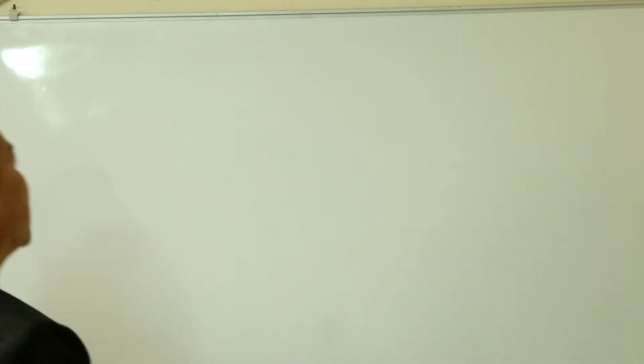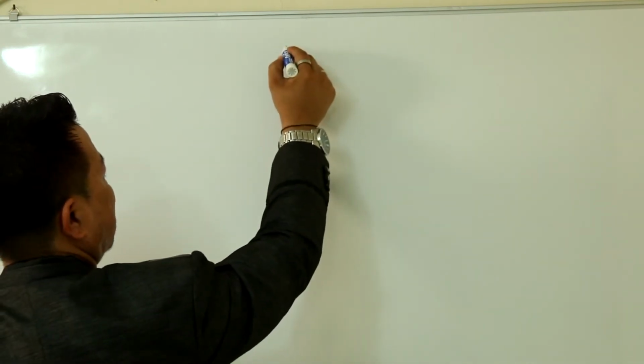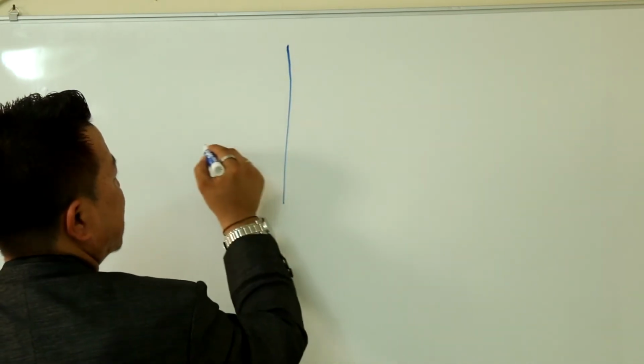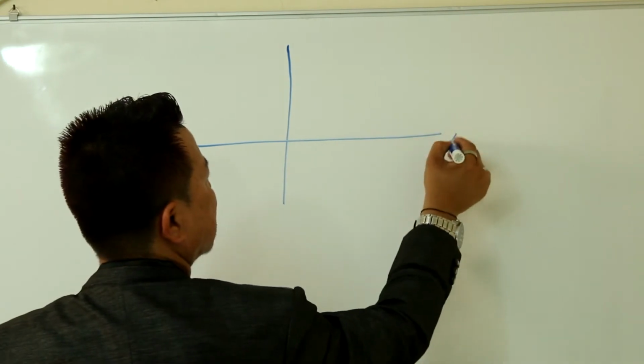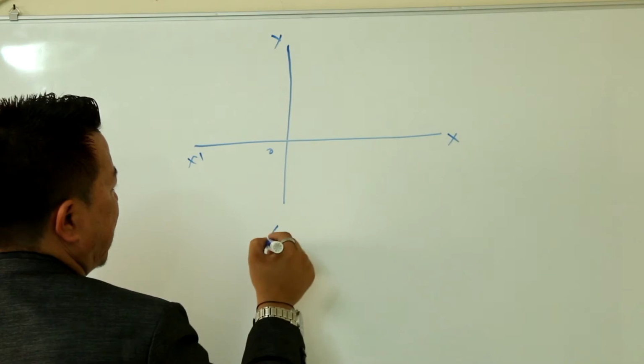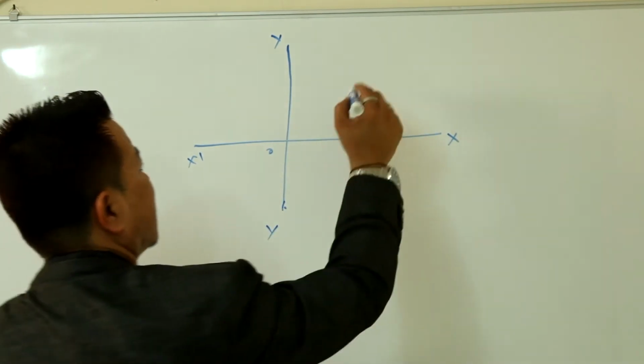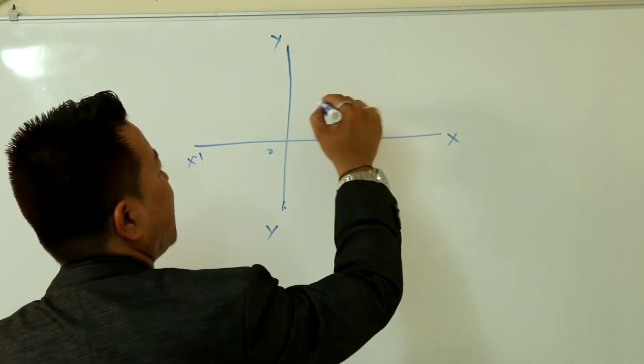Again, we will draw x-axis and y-axis on a Cartesian coordinate plane. For example, this is y-axis, this is x-axis, x, o, x dash, y, o, y dash. Now, let's name this point P, Q, A, B, anything.